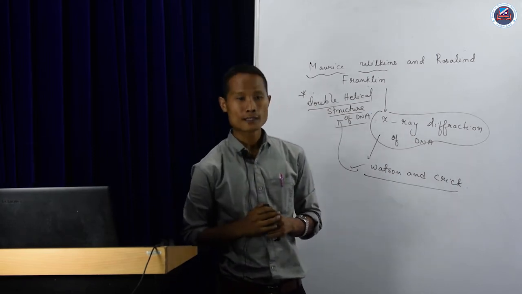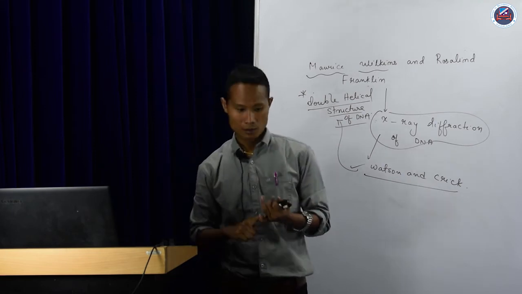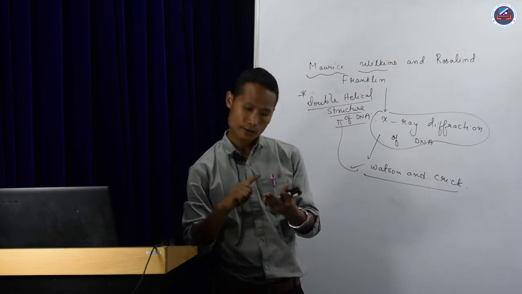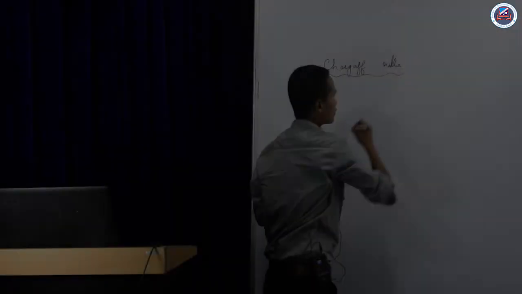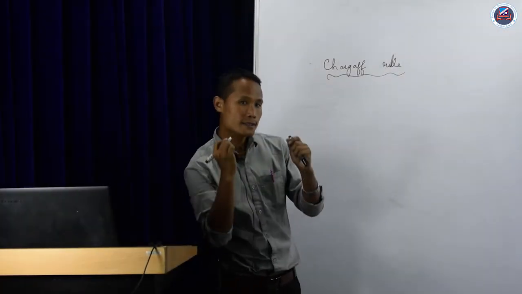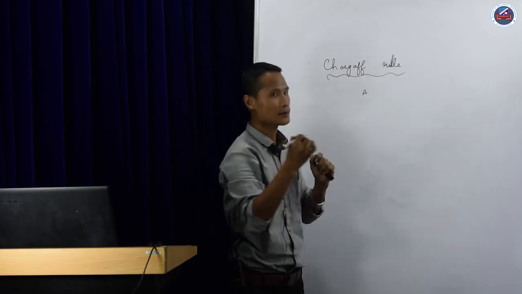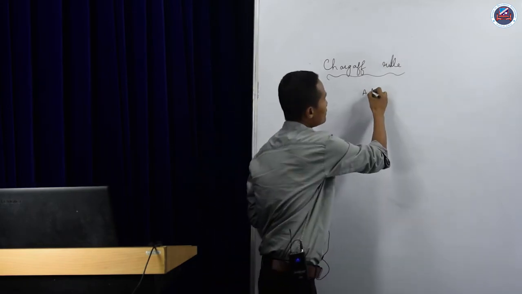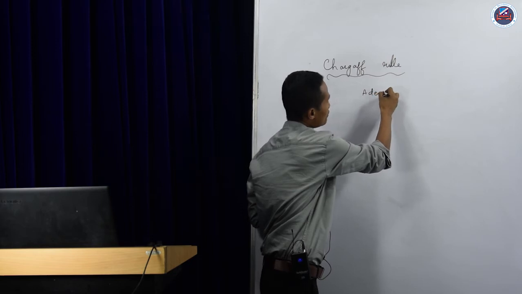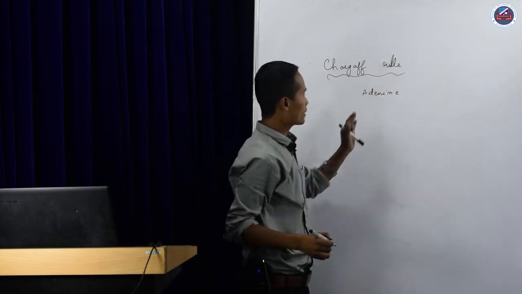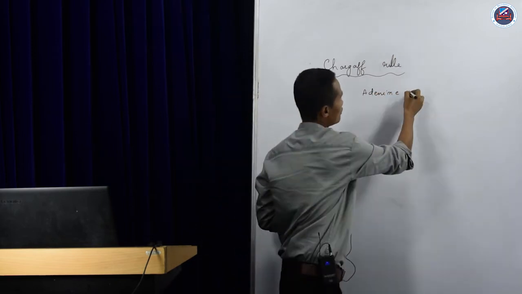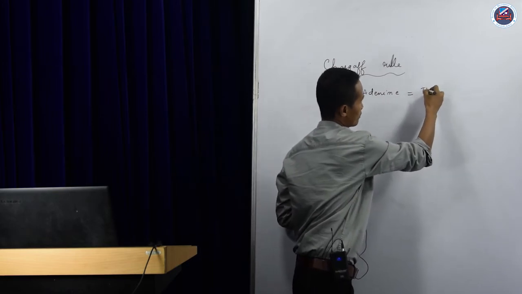That is Chargaff's rule, the base pairing rule, and the hydrogen bond. Now, what did Chargaff say? He said that adenine, which is a purine, is equal to thymine.